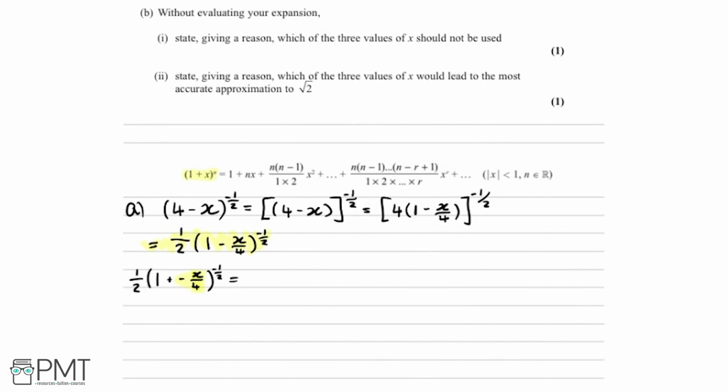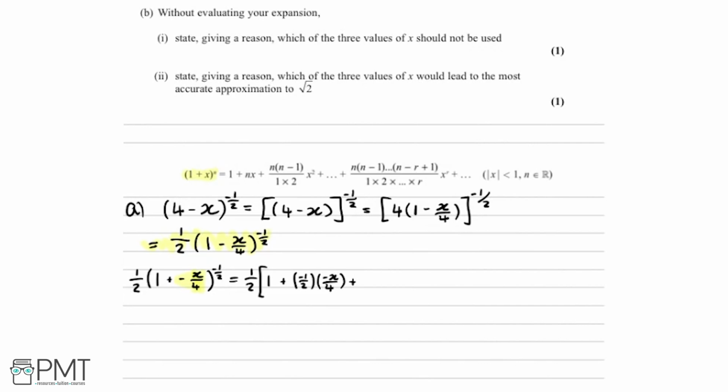So I've written it with the plus here, so we can clearly see, and remember to include the minus here. So we've got a half multiplied out. As we can see, the first term is 1 plus n times x, so n is minus a half. And x, and remember we need to include the minus, we've got minus x over 4.